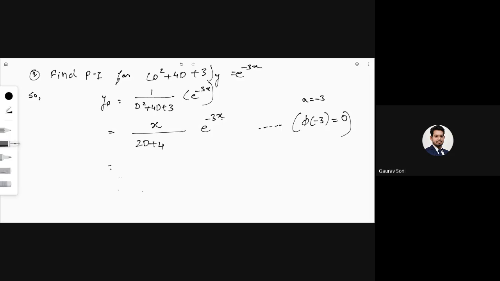Now again I will put minus 3. So x upon 2 into minus 3 plus 4, e to the power minus 3x. So that is minus 6 plus 4, minus 2. So that is minus x by 2 into e to the power minus 3x. This is our final answer.